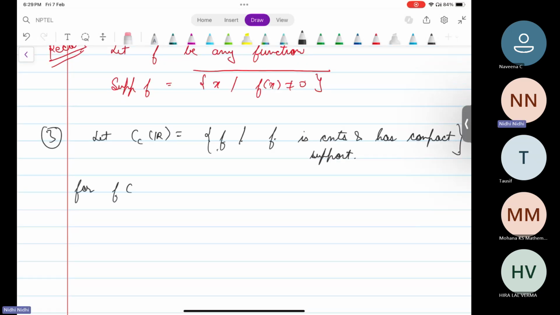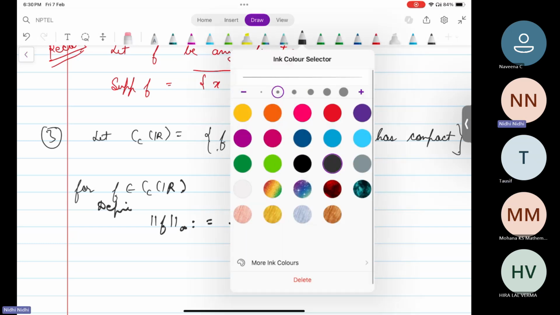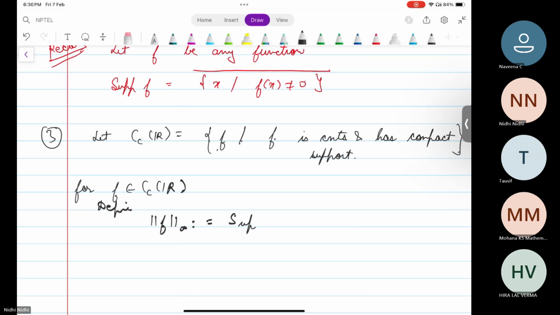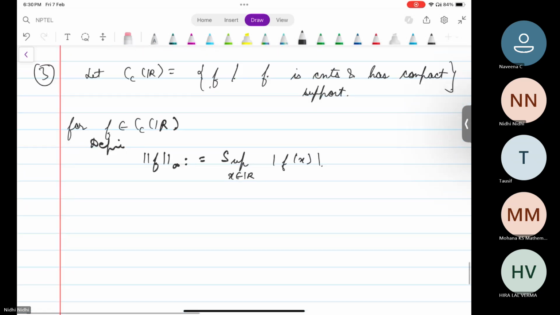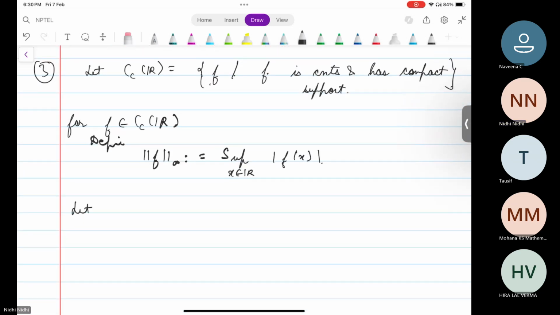For f in C_c(R), we define the norm as the same supremum norm. Now let B be a bounded and continuous function on R.